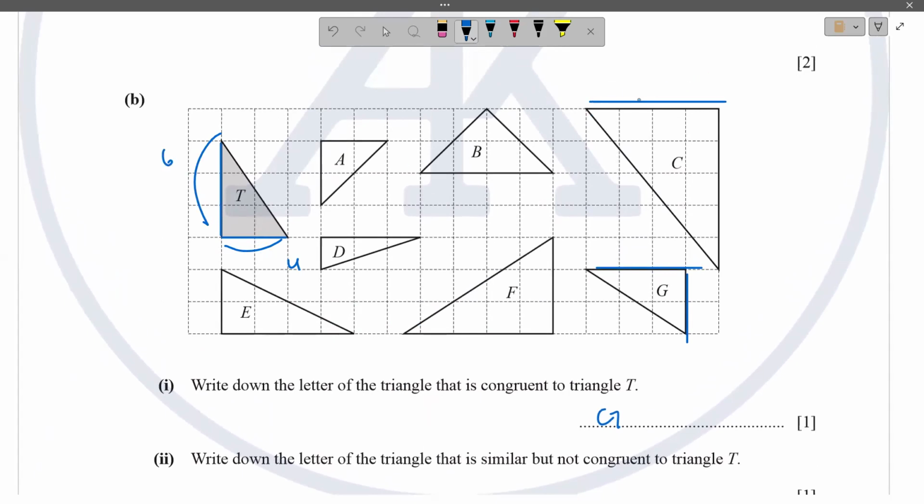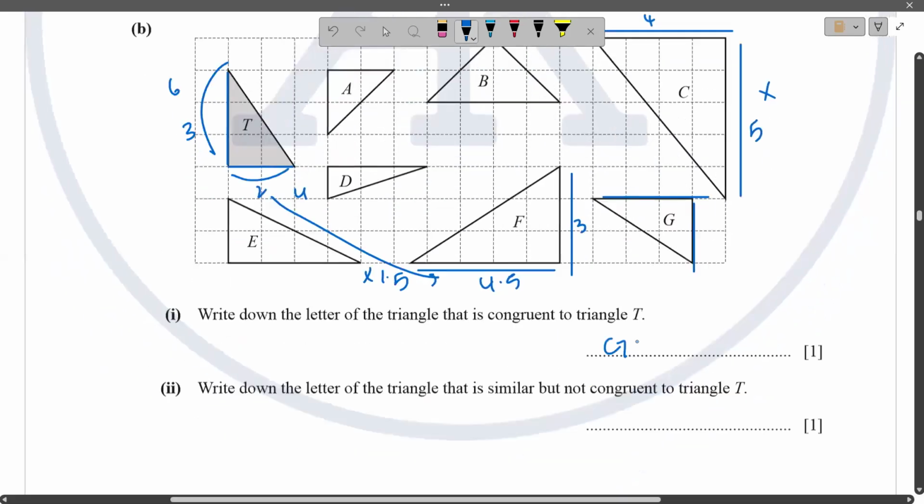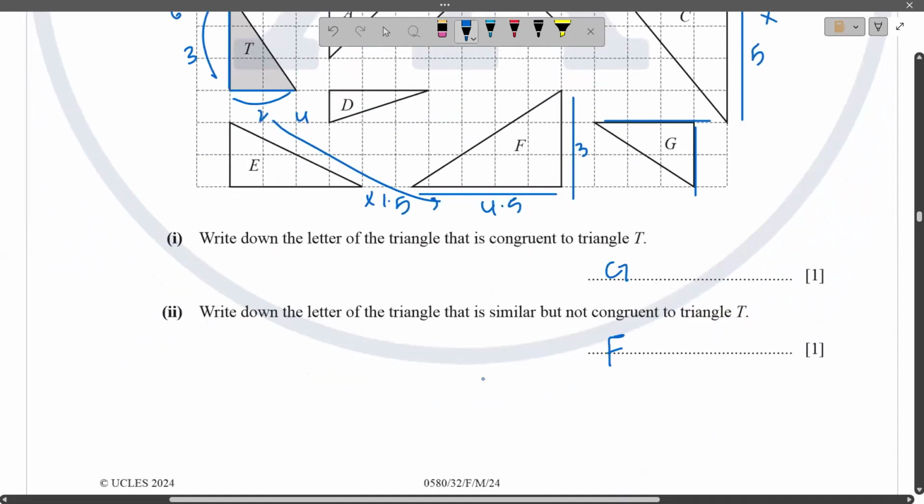We have this one here, this is 4, and this is 1, 2, 3, 4, 5. No, not this one. This is 3, and this is 1, 2, 3, 4.5. This will be the one. Why? Because 2 and 3 multiplied by scale factor 1.5, you will find the same triangle, so it's F.